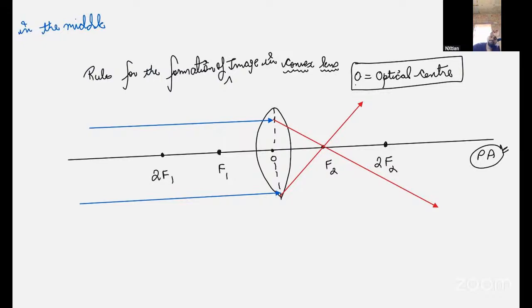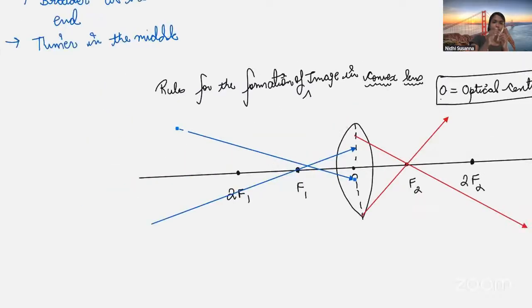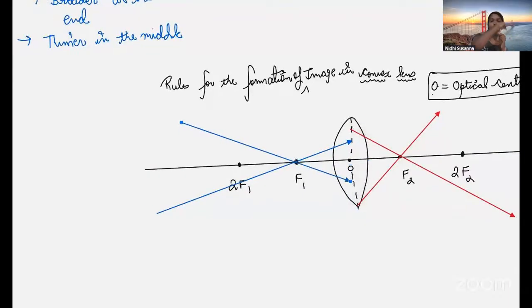Now the second one. When we're talking about a convex mirror, when it's going parallel to the principal axis it goes through the focus.